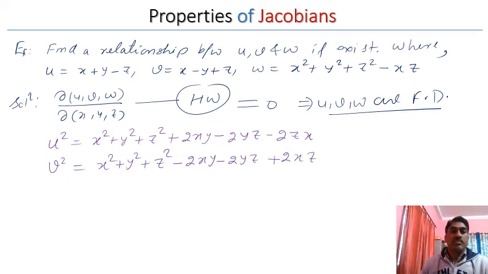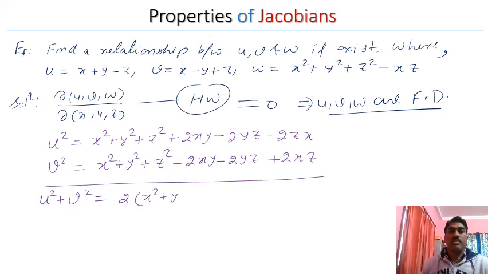2xz. So if we sum these two, u square plus v square comes out to be 2 times x square plus y square plus z square, and 2xy will get cancelled, 2zx will get cancelled, and this will be minus 4yz. So if you take 2 common, then you have x square plus y square plus z square minus 2yz, and there is a little correction in the question.